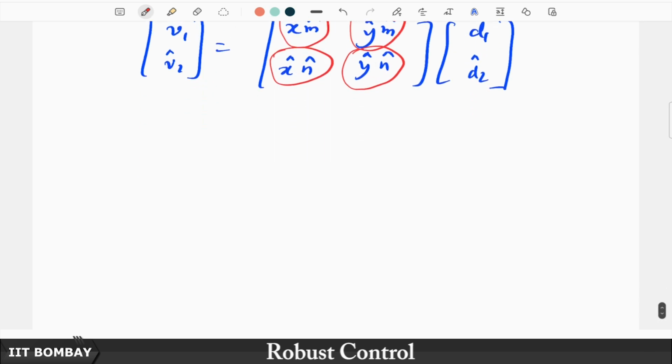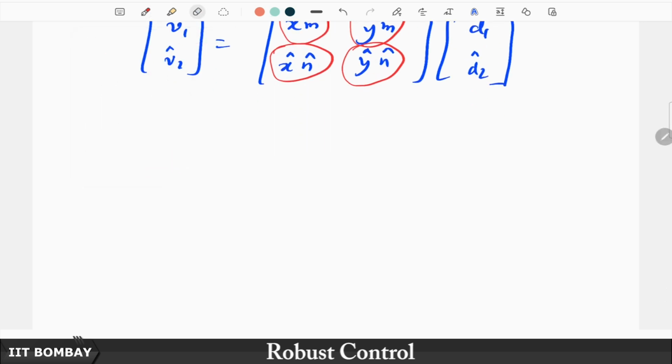So, here goes. Start with the fact that x hat m hat minus n hat y hat, of course, in the scalar case it is very easy. This is the Bezout identity.